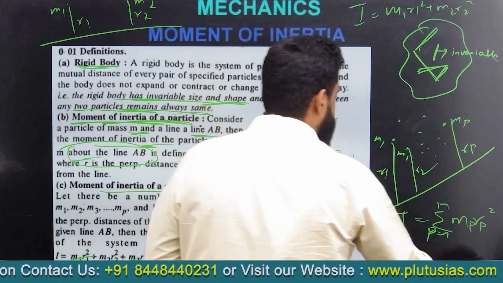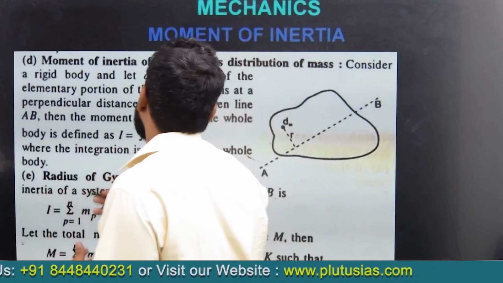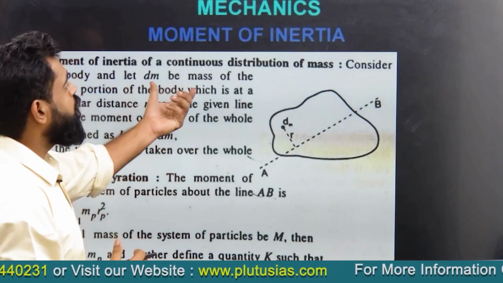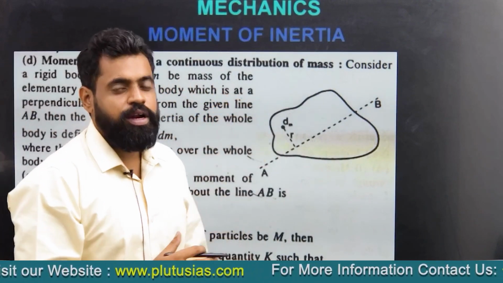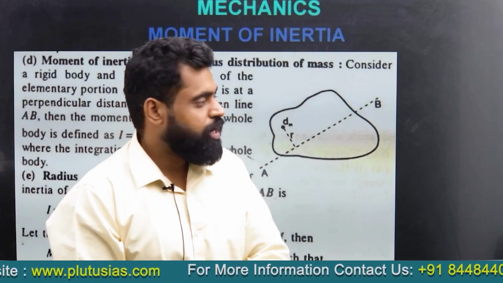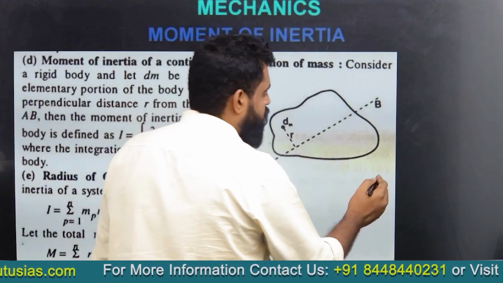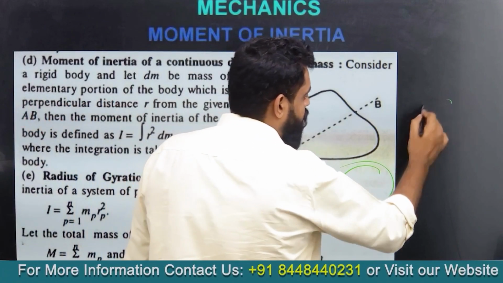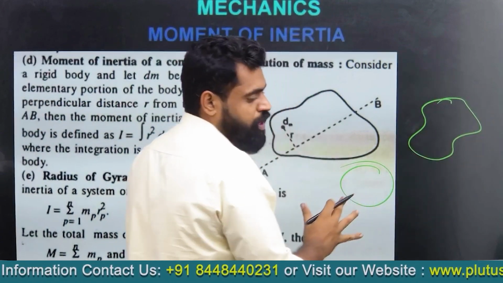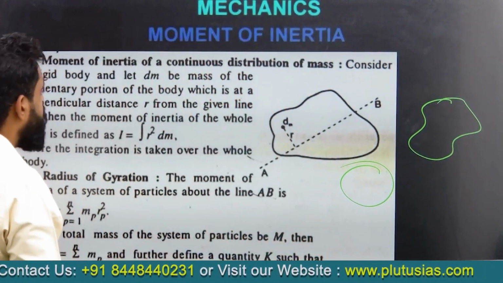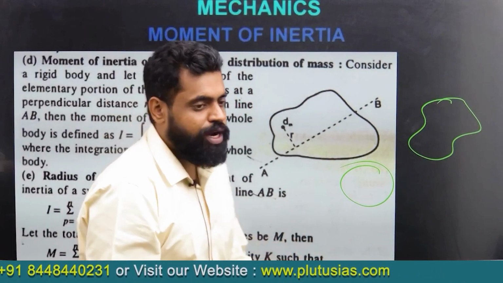So moving ahead, now suppose the moment of inertia of a continuous distribution of mass, say any body, be it a sphere or a random whole body. What do we do here? We use the method of integration.